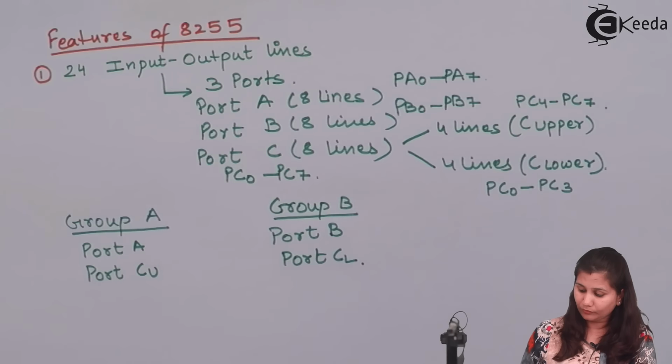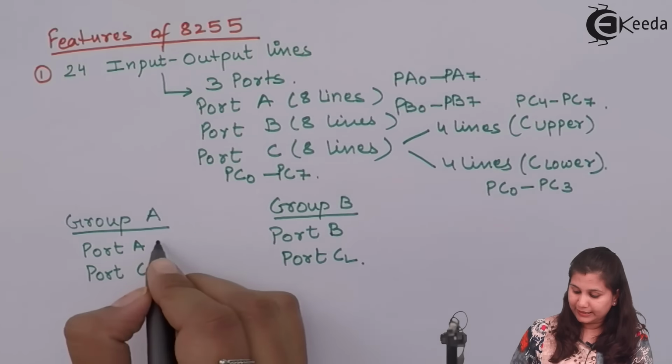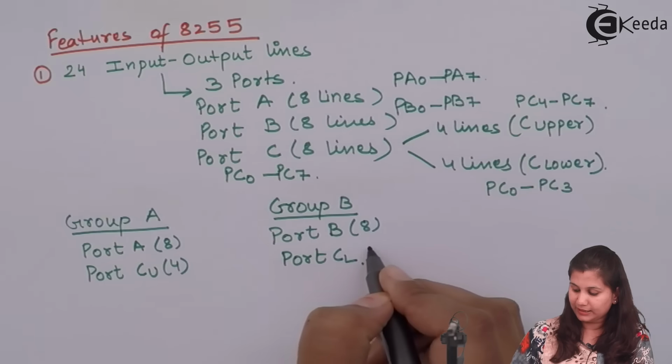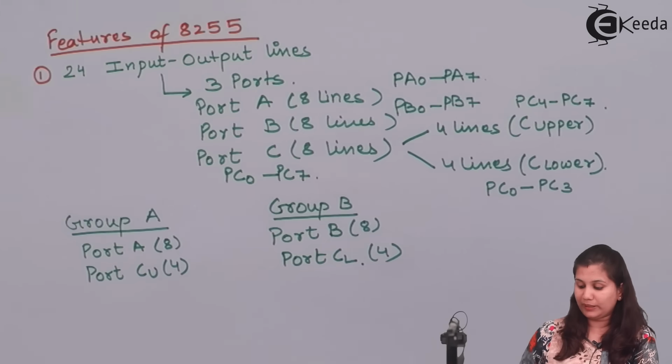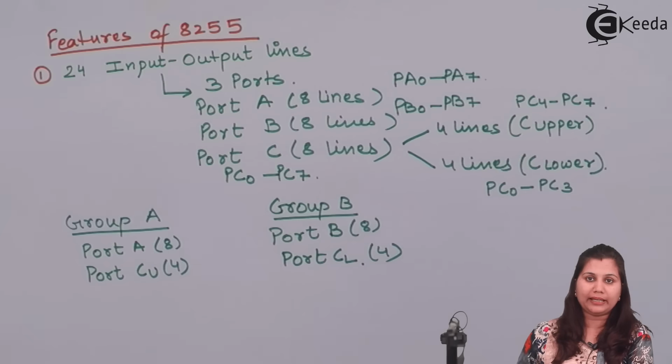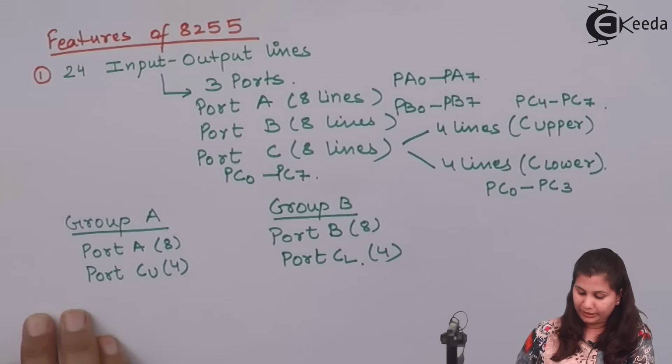Okay. So port A, it has 8 lines, then it has 4 lines, it also has 8 lines, and these are the 4 lines. So 12 lines are available in each of the groups, group A and group B.